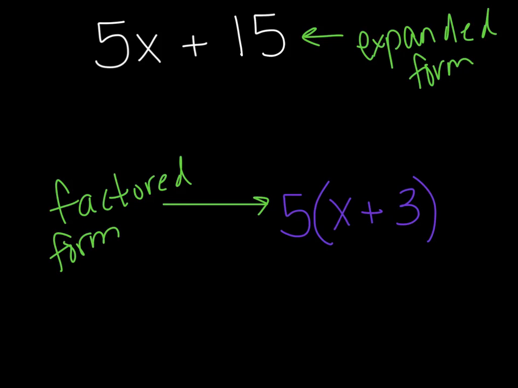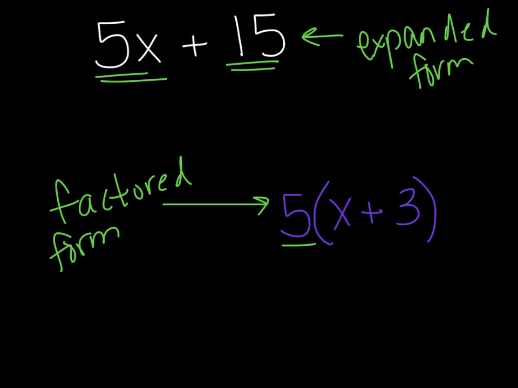Okay. Factored just means that we took the greatest common factor of 5x and 15 and tried to regroup it differently. Okay, so the greatest common factor for 5x and 15 happens to be 5 here. So we say, oh, well, 5x divided by 5.